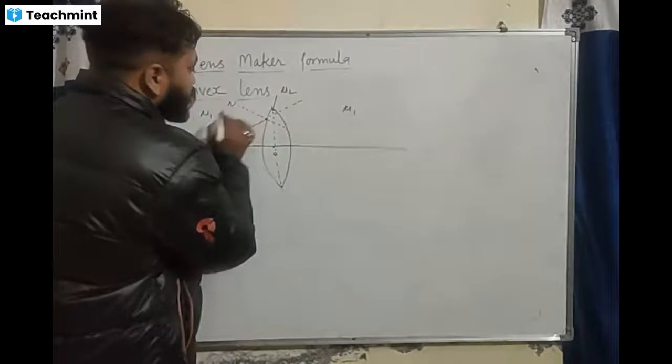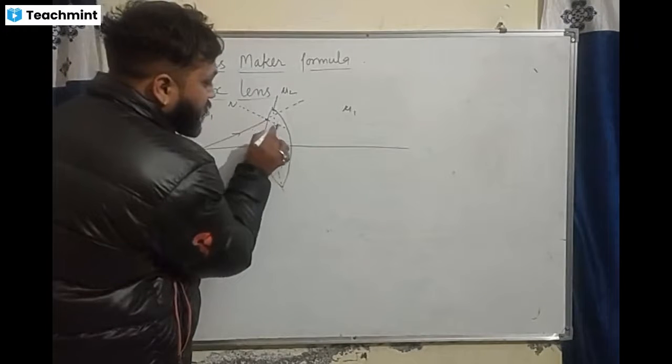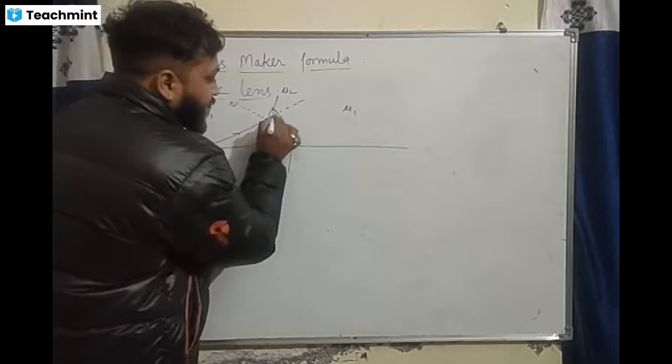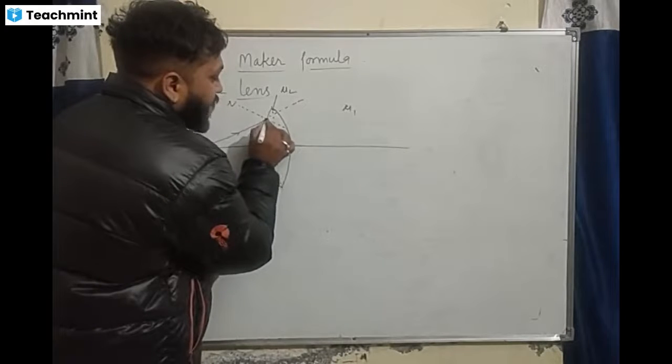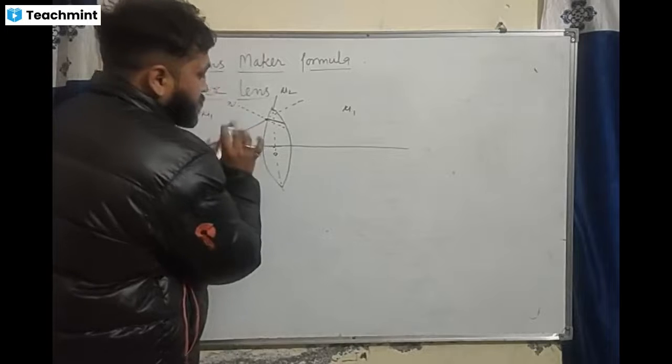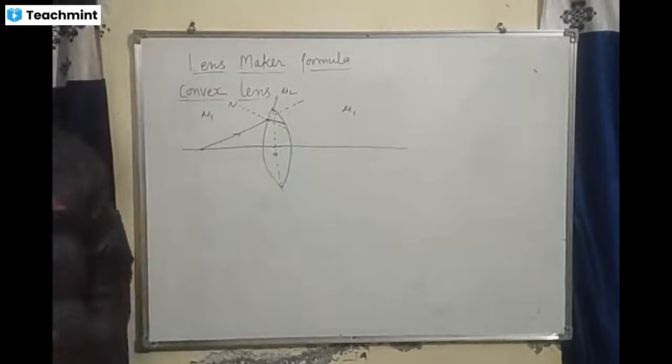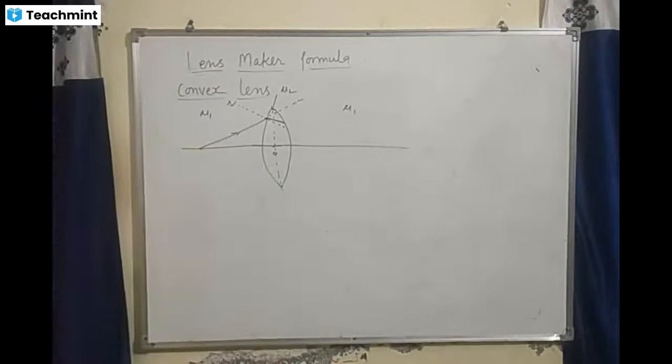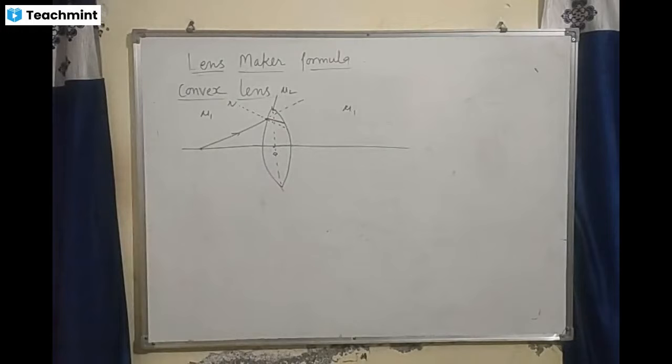This is the normal we have drawn. The ray is going like this, so it will bend like this. Whenever the ray of light passes from rarer to denser, it will move towards the normal. Draw the diagram.